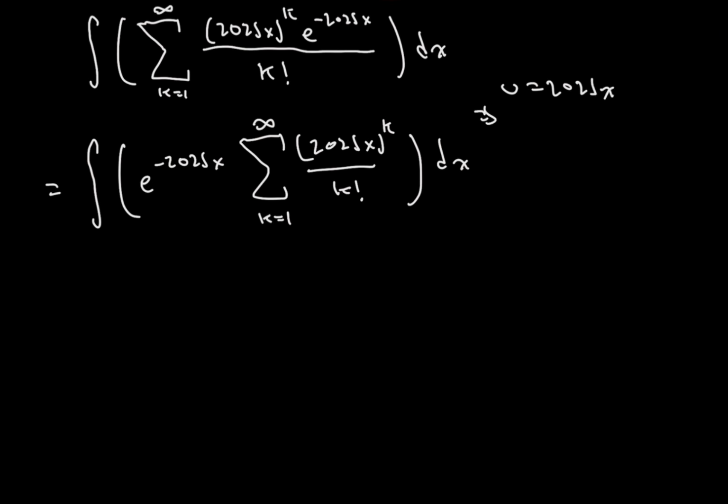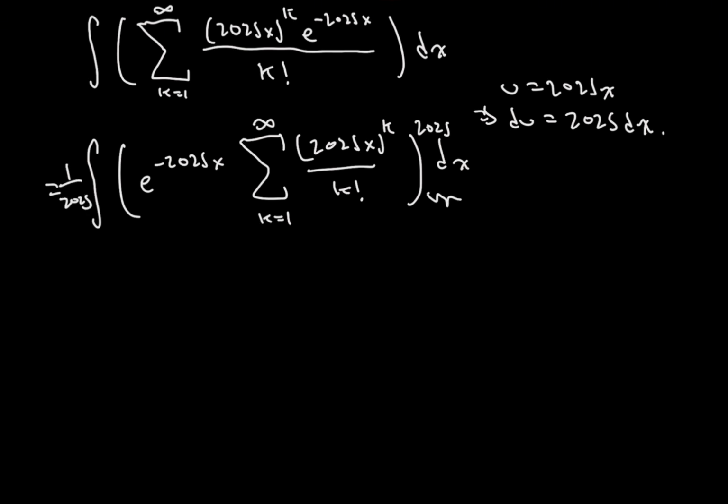This means that du is equal to 2025 dx. It's pretty easy to see how our u is going to replace this term and this term, right? But in order to utilize the du, we have to multiply and divide by 1 over 2025. So we have 2025 dx and 1 over 2025 out front.